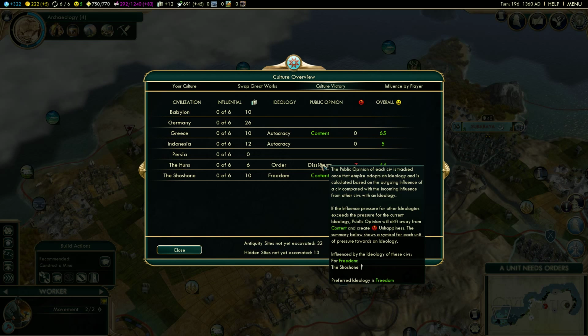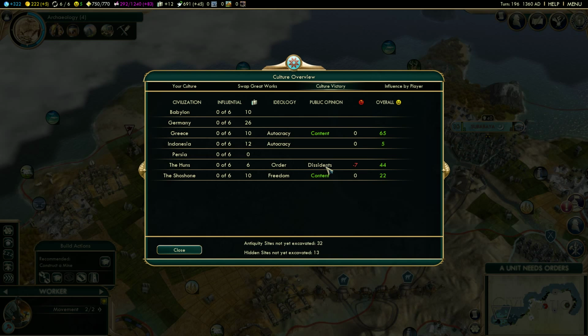And as you can see here, the Huns have dissidents because they are influenced by the Shoshone, who have freedom, and they themselves are order. And these dissidents produce -7 happiness. You can see here how much the unhappiness weighs for.